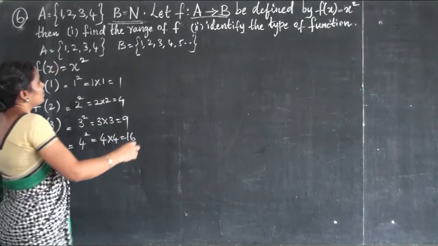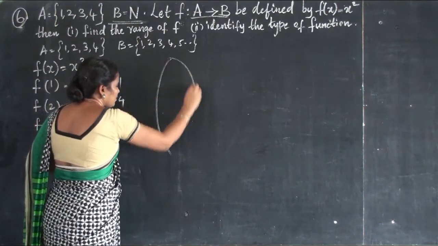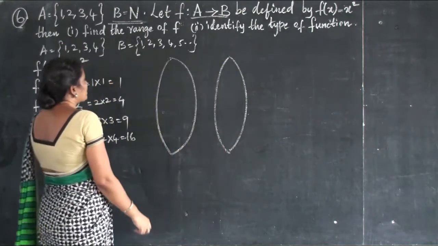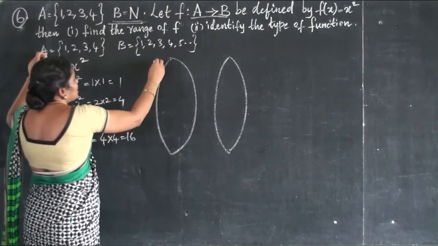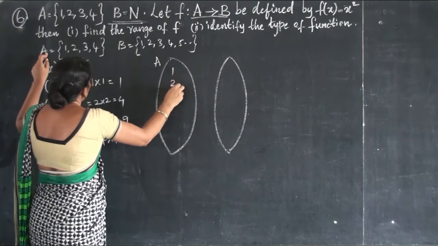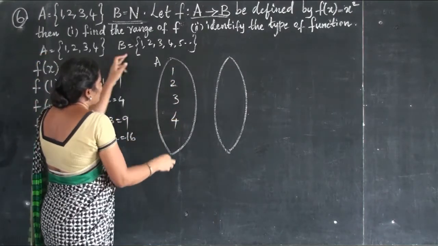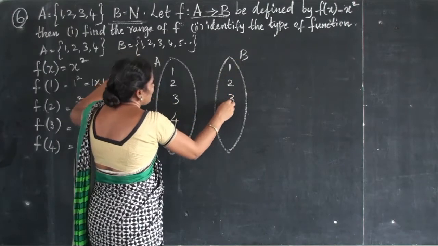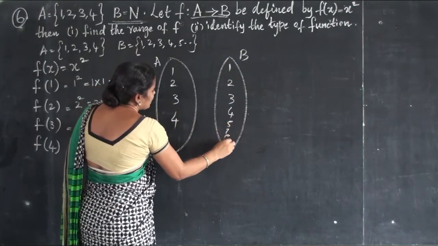Now using an arrow diagram will be very clear for you to identify the type of function. The elements present in A are 1, 2, 3 and 4. The elements present in B are 1, 2, 3, 4, 5, 6.